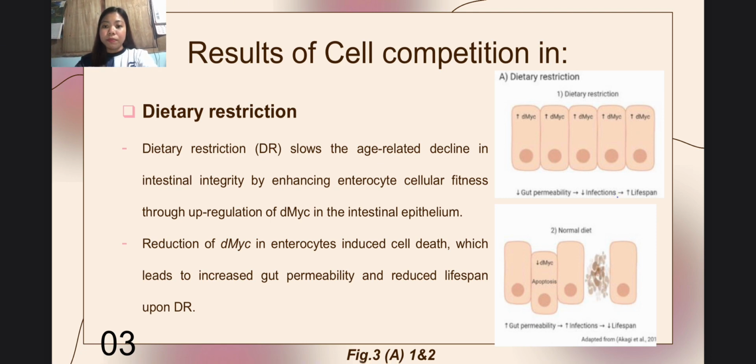On the contrary, a rich diet reduces dMyc expression, leading to CC-dependent elimination, and a decrease in the lifespan as explained above. It is interesting to notice that a slight upregulation of dMyc is beneficial. However, a high overexpression can even be detrimental.